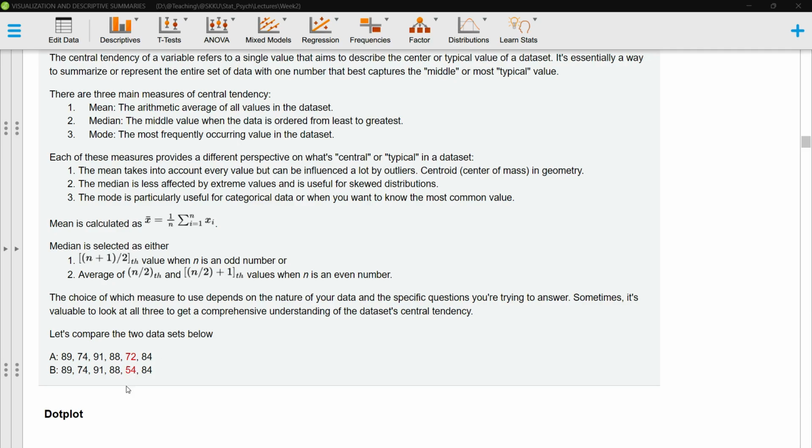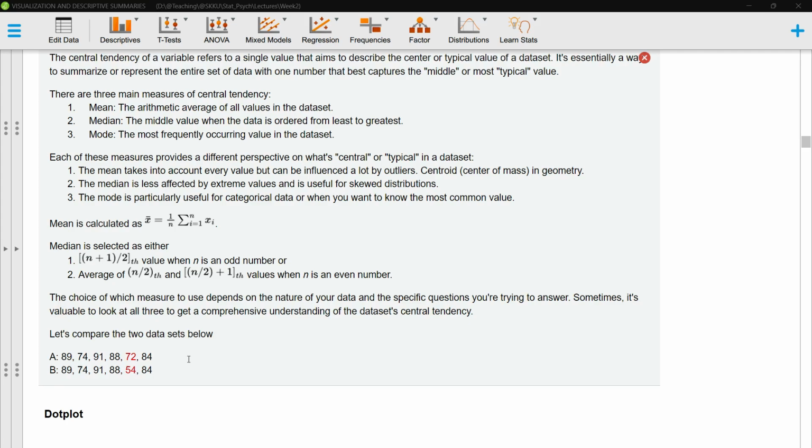So 5 values in data set B are exactly the same as in data set A, and only one value is different. The 72 for the first set, set A, versus 54 for set B.